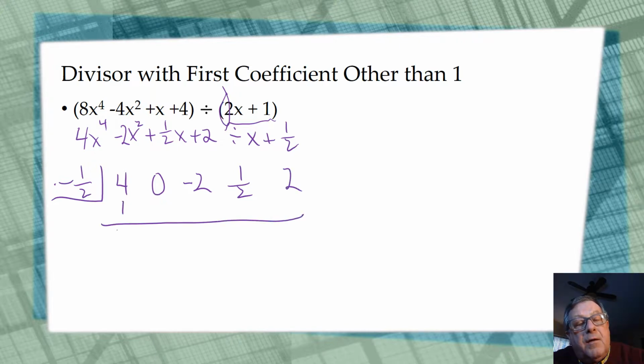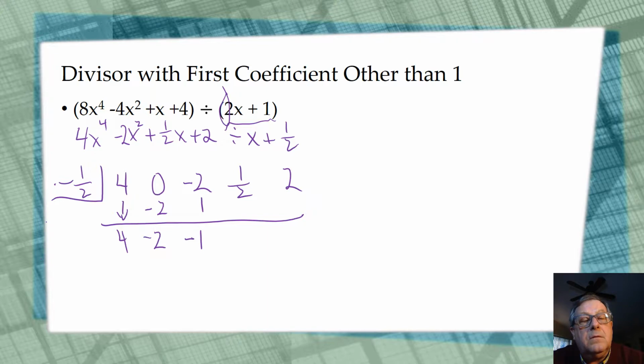I'm going to bring down my 4. Negative 1/2 times 4 is negative 2. And 0 and negative 2 is negative 2. And negative 1/2 times negative 2 is positive 1. And negative 2 plus 1 is negative 1. And negative 1/2 times negative 1, no, that's positive.